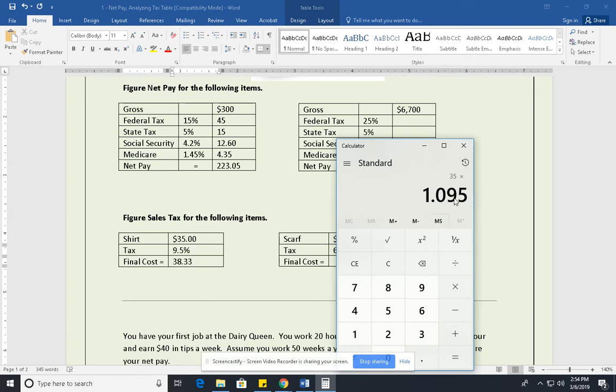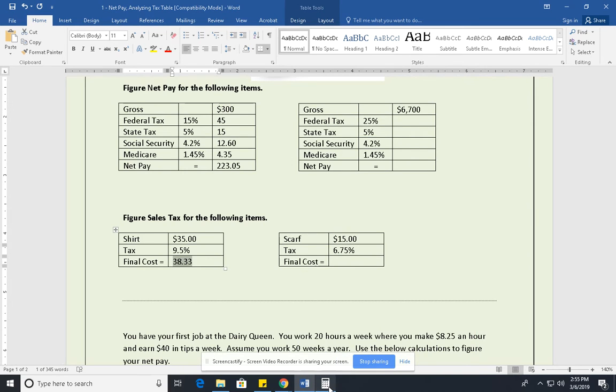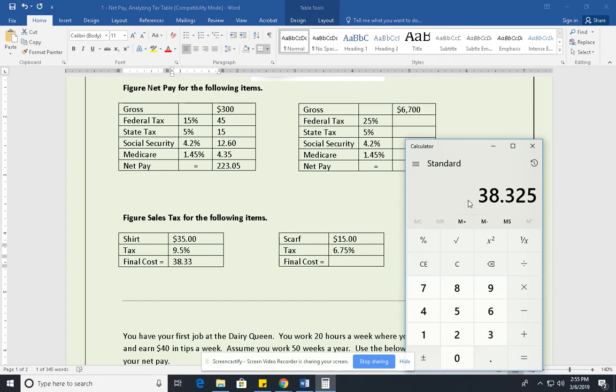So this is 9.5% right there. One represents just 100%, so it's like we're going above the 100%. 100% is $35, but 9.5% more than $35, it's right there. So let's see. $38.33. So that just got the answer in one step. If you can figure out how to do it, it's kind of cool. You can go a little quicker.